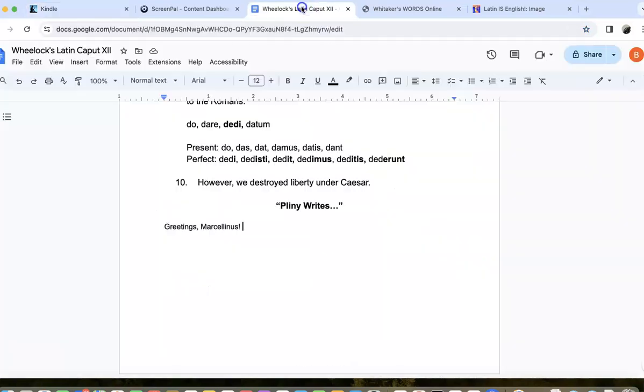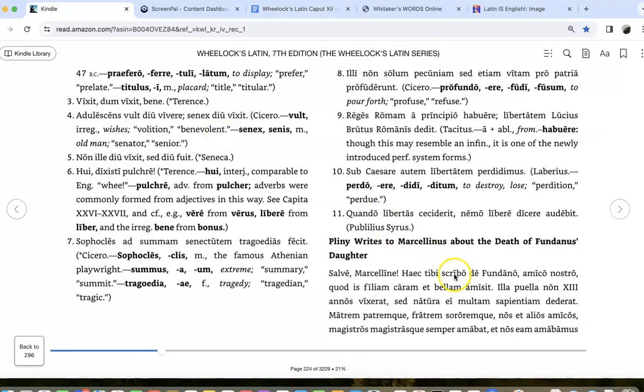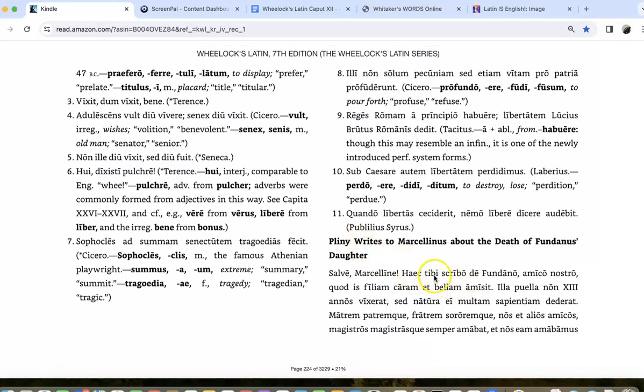I am writing this, and this is referring to the letter, to you, tibi, about Fundanus, our friend.